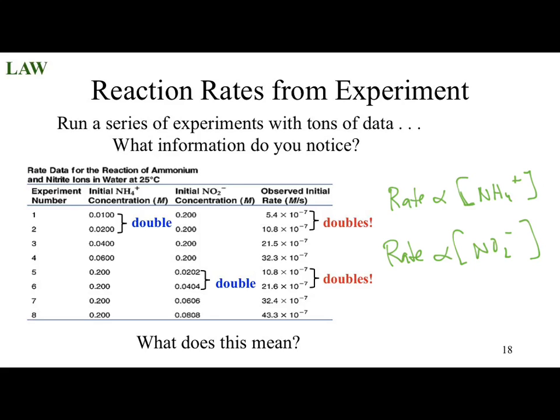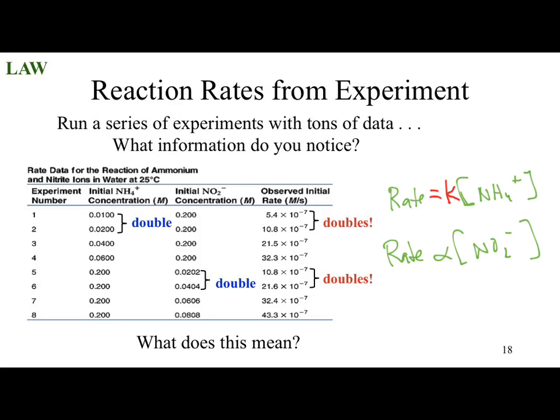If we just said it was rate equals, and put in our k here, our rate constant, that could work for a rate expression, except what happens when I double the NO2-? According to this rate expression, what happens? Nothing changes. Did nothing change?